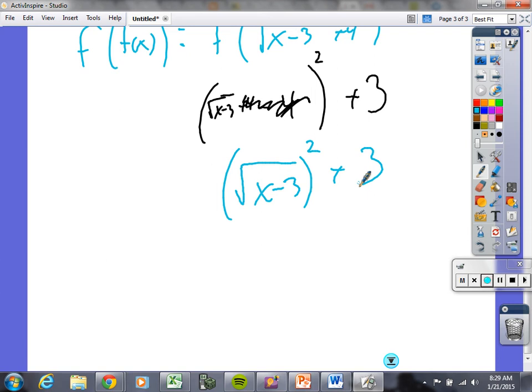What happens there? The squared and the square root get rid of each other, don't they? So I'm at x minus 3 plus 3, which happens to come out to be x. You see how one way it worked and the other way it worked to get to x, right? That proves that those two are inverses, right? Good.